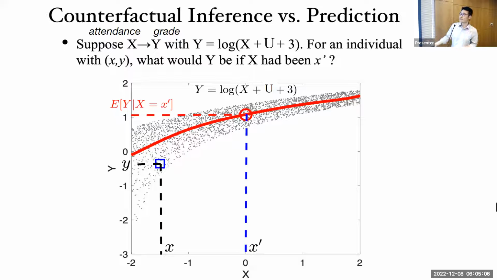For me, the same person, what would Y be if X had been another value X prime? Some people may say, this is just a statistical problem. I know the value of X, I know the conditional probability, I can just make a prediction. This is the expectation of Y given X equal to X prime. Is that true? Or is that a good answer?